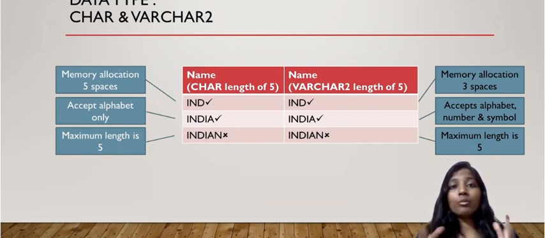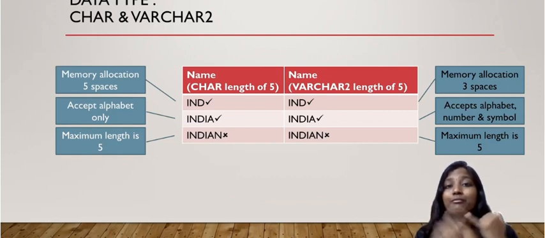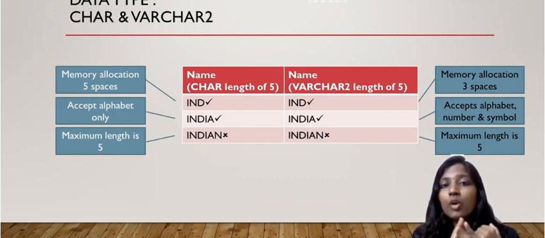Again, we don't have idea how big it is going to be. So we'll give a maximum length and we're going to put in varchar2 so that it will allocate as per the data. It will not waste the space. So you're being very efficient by defining a data type to a particular column.